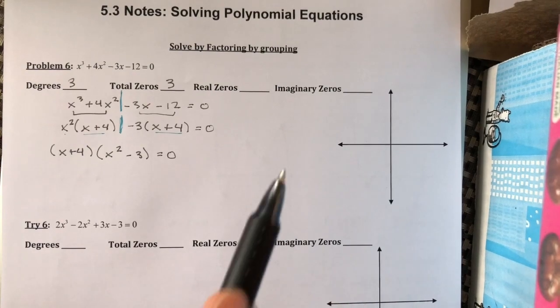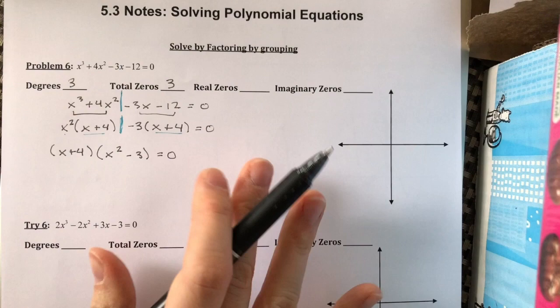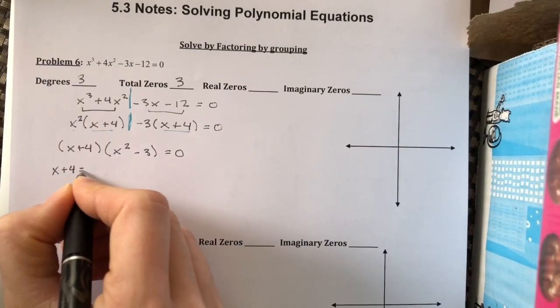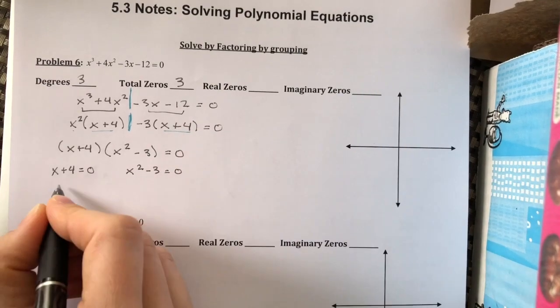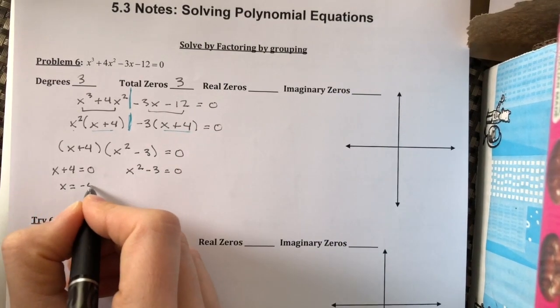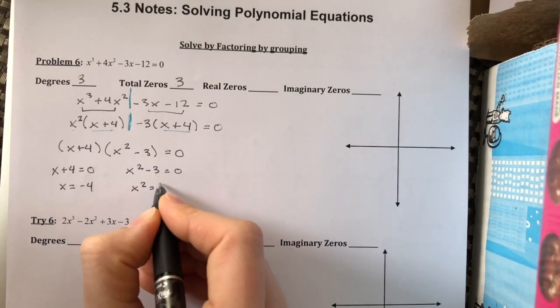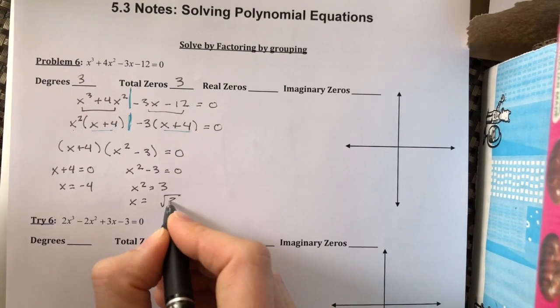Okay, let's use our finding the zeros method to determine how many real and imaginary we have. So I set both equal to 0. This one I get x equals -4. And this one I'm going to get x squared equals 3. X equals square root of 3.